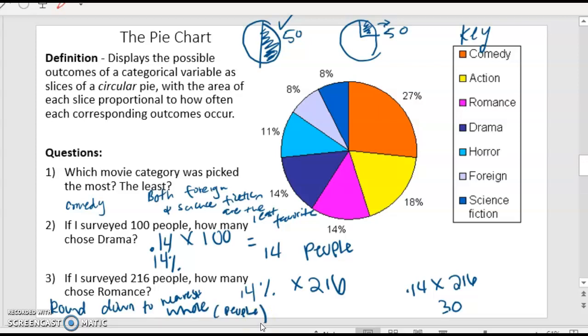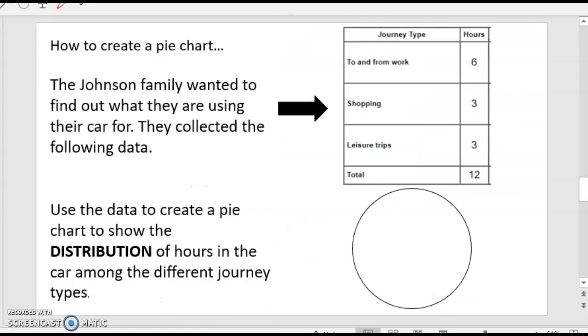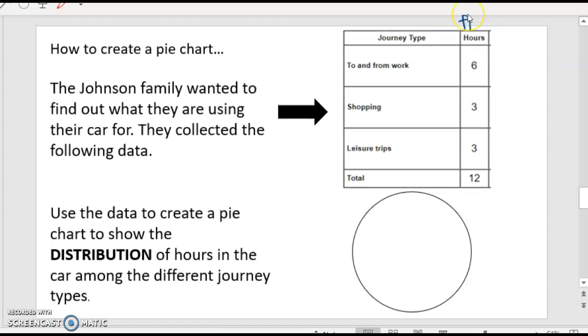All right, so in the next example, we're going to look at how to make a pie chart when we're given a graph. So if I'm talking about what people in the Johnson family are using their car the most for, this is called a frequency, so it's a count.